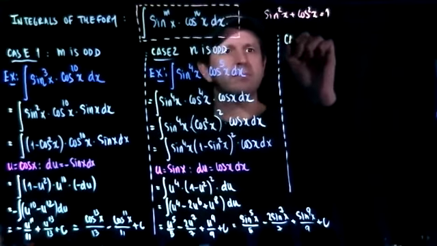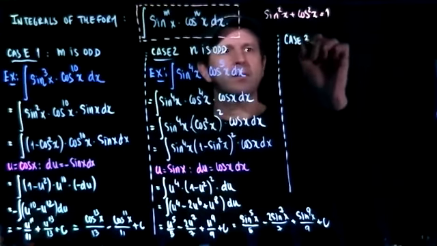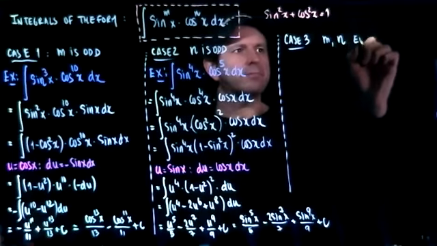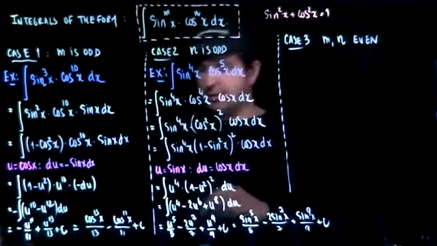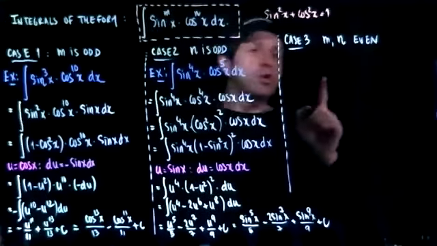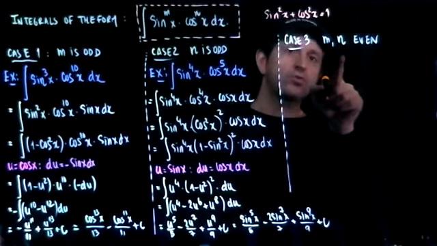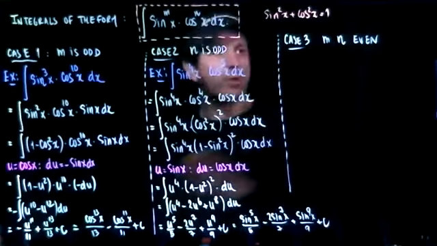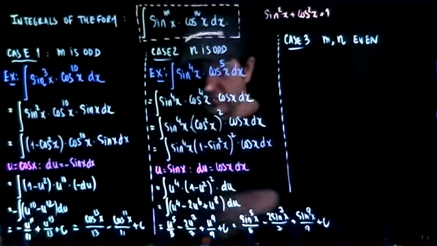So case 3. What if m and n are even? For this, there are two identities that you need to know, which are not very popular, but you should have learned them in high school.